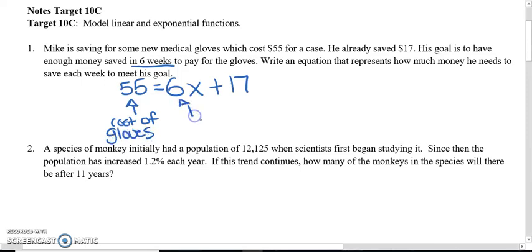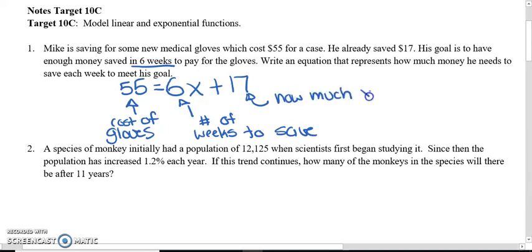The 6 represents the number of weeks to save. And then last but not least, the 17 represents how much you already saved. Again, the question was just asking us to write the equation, so that is my final answer: 55 equals 6x plus 17.